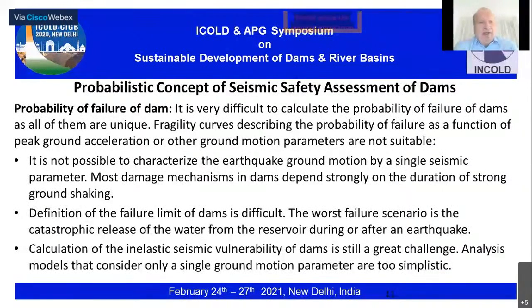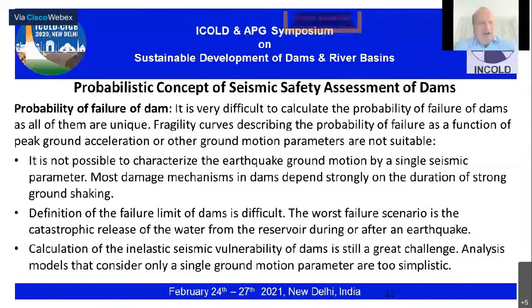Why so? Number one, it is not possible to characterize the earthquake ground motion by a single seismic parameter. Most damage mechanisms in dams depend very strongly on the duration of strong ground shaking, which is not reflected by peak ground acceleration or spectral acceleration or any other parameters used in describing fragility curves.